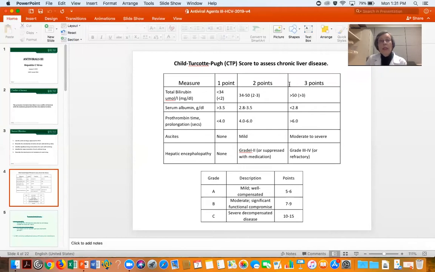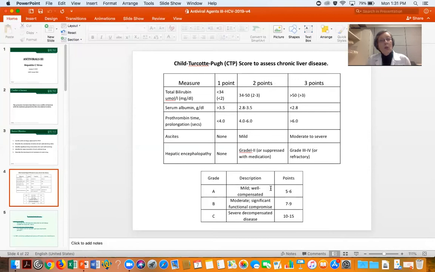I'm showing you here the Child-Turcotte-Pugh score, which is a means of assessing chronic liver disease. So the measures that are involved are total bilirubin, serum albumin, prothrombin time, ascites, and hepatic encephalopathy. And these are all measured and graded and given point values, which are summed, and then the sum of those points determines what grade you end up with.